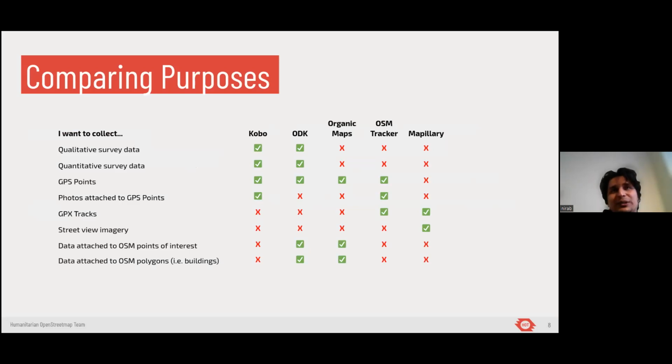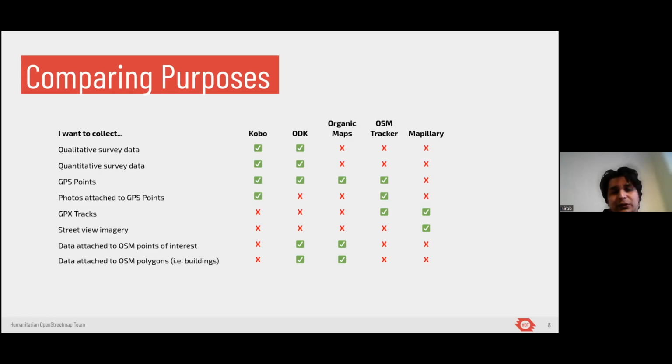Even for tools, you need to think about it, a lot of the tools have different capabilities, right? Some tools are good for doing something, while other tools are good for other things. So this is a table where you can see what you can do with different apps available for mobile data collection, right?